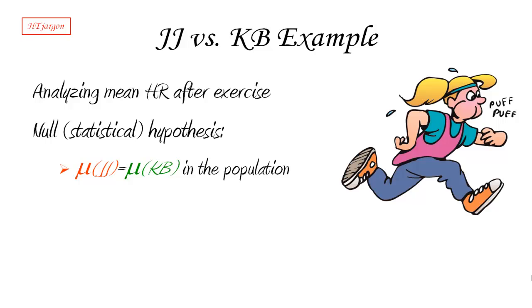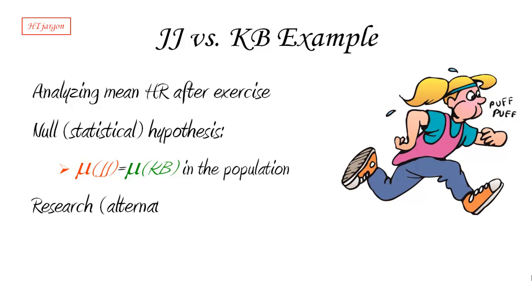But remember, this assumption is not about the sample. The question about whether the two sample means are equal or not is easily answered. We just look at the numbers and we give it an answer. The question is, given what we've seen in the sample, can we infer, can we conclude that the equality is true in the population?